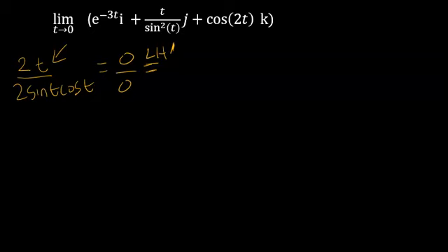So the t becomes a 1, and then it's going into product rule now. So we're going to do 2 sine t becomes negative sine t, right?